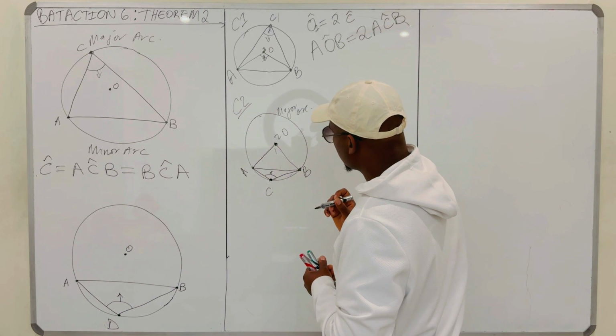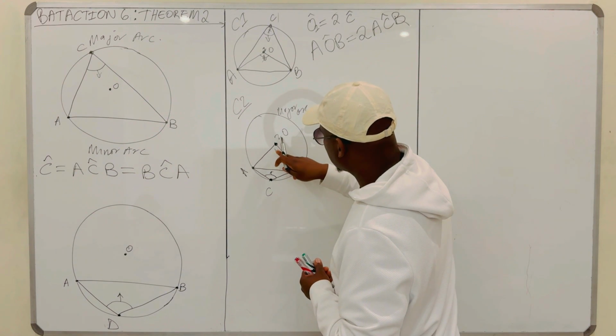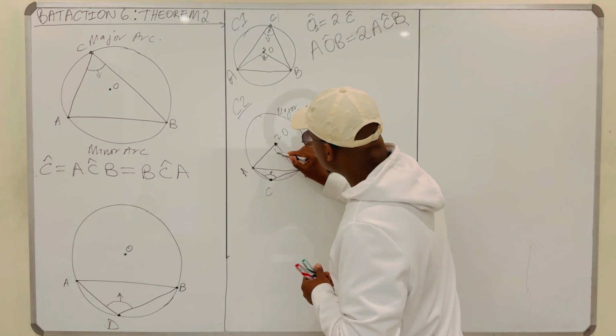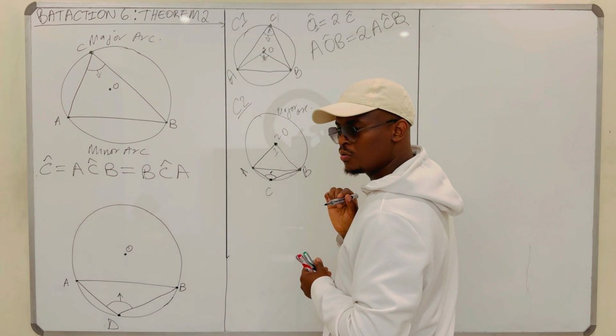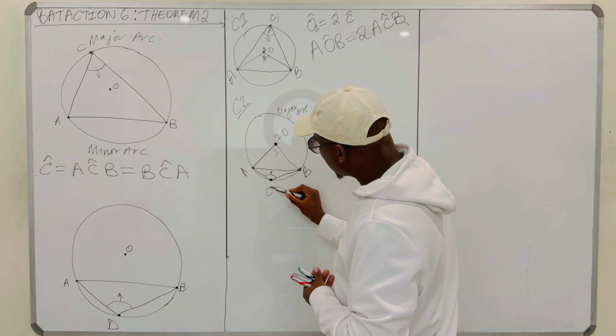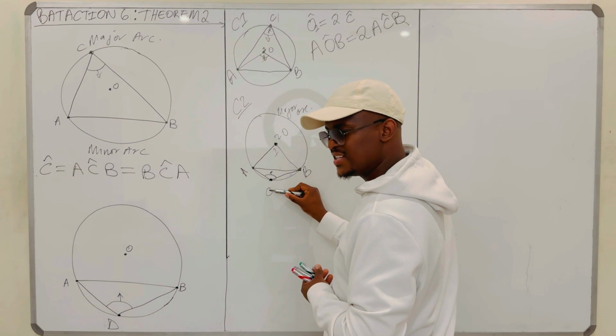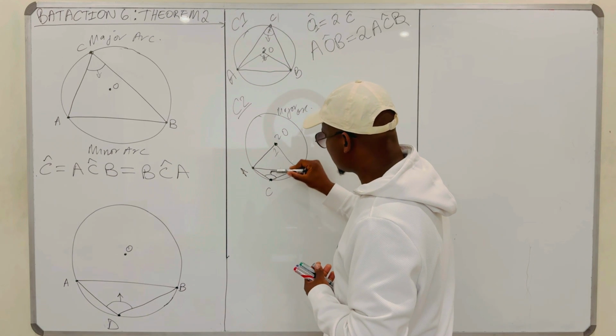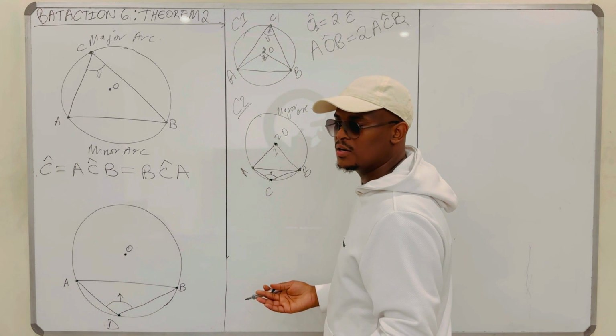Now, if you look here at the center, your major arc, what does it subtend? Does it subtend angle 1 or angle 2? You said C, right? This angle C is subtended by a major arc. So both of these angles, this angle and that angle, are subtended by the same arc.